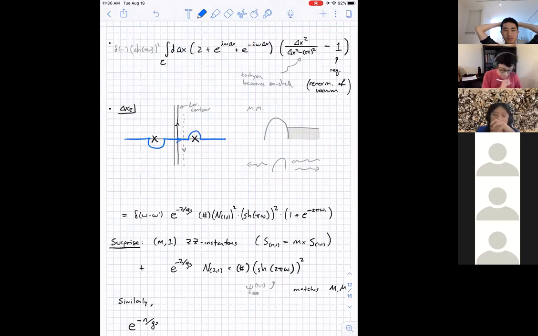which I drew in Euclidean signature. Or equivalently, by rotating the contour, we can do the Lorentzian one, which is how we phrased it in the paper. And as you can see, for instance, if we wanted to do time reversal, we would have to flip it to go in the other direction. So we'll pick up some poles.